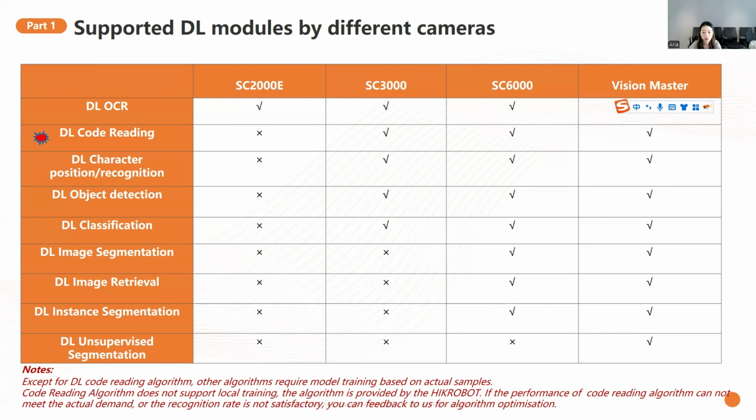If the performance of the correlating algorithm cannot meet your requirement, or the recognition rate is not satisfactory from your side, of course, you can always feed back your sample pictures or your background information to us, and we can customize the algorithm based on your actual sample images and background information.